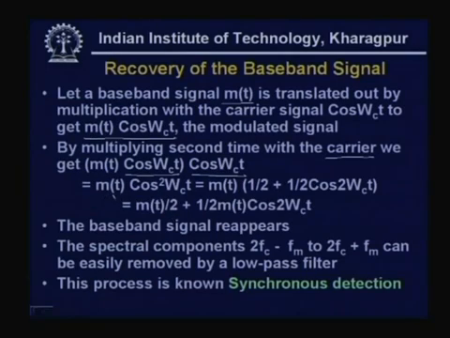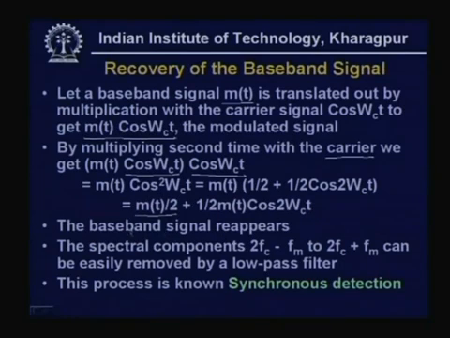We get m(t) cos² ωct, which can be expanded to m(t)/2 plus (1/2) m(t) cos 2ωct. So, we find that it has two components. One is m(t)/2, another is half m(t) cos 2ωct.